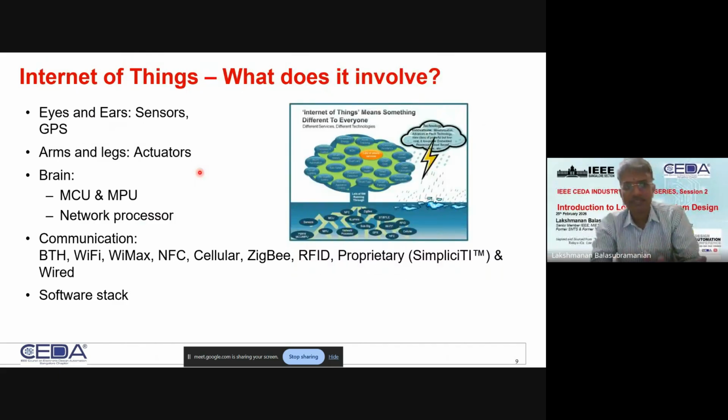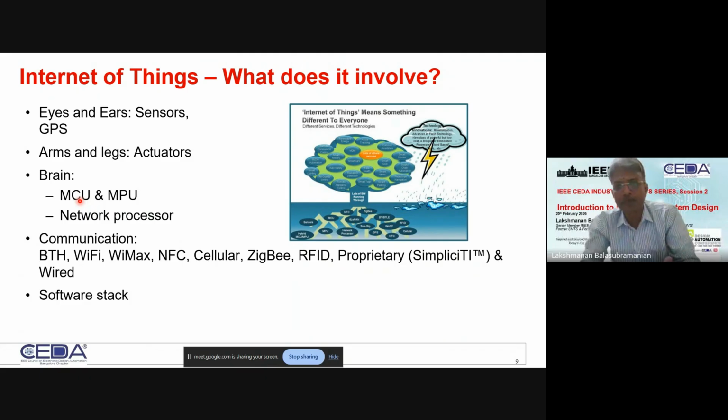Low power is not a need only for the Internet of Things. I'm just showing this as an example. This shows one way of describing what the Internet of Things is. It involves sensors as eyes and ears, which collect data. Then you have the brain. The data collected is taken to the microcontroller units, microprocessing units, and network of processors.